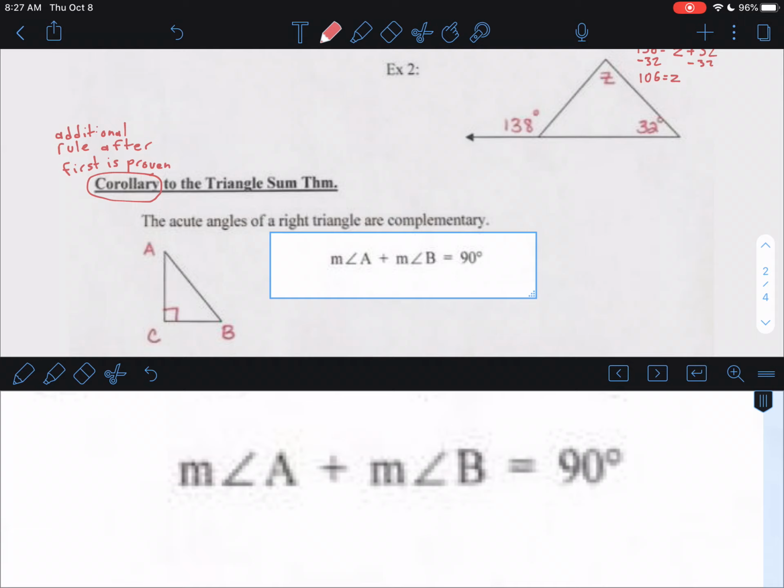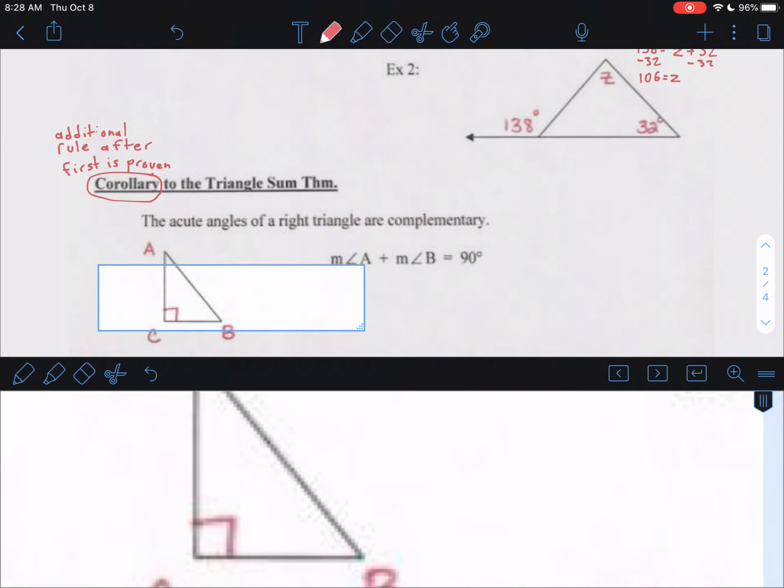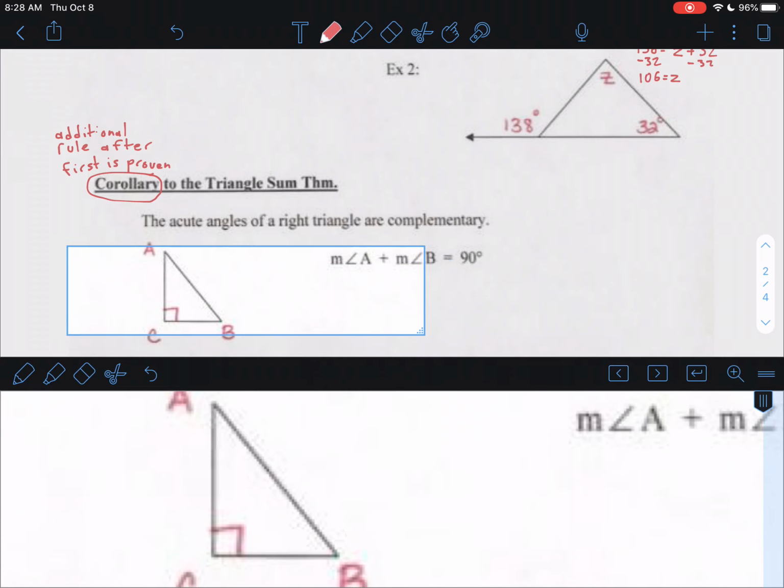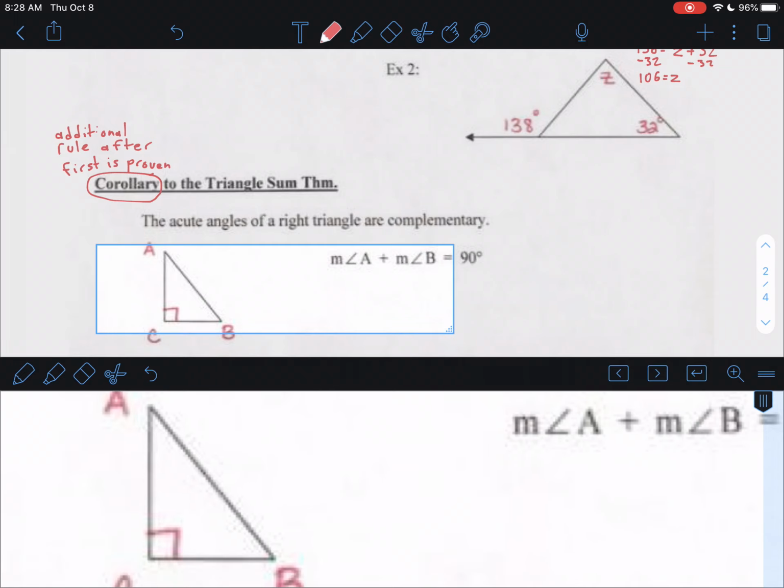So the measure of A plus the measure of B has to add to 90 degrees. The reason is that all these angles add to 180, right? And if C is 90, 180 minus 90 is 90. So A and B have to add up to the other 90 degrees. The first 90 degrees comes from C, the second 90 degrees comes from A and B.